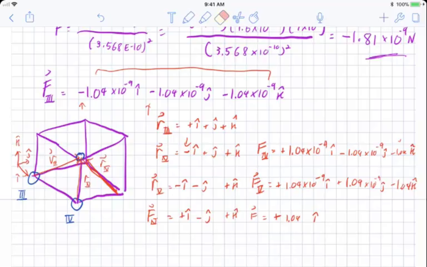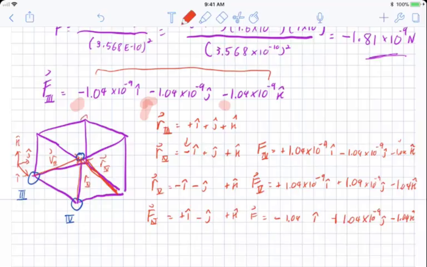It's going to have the same signs, hold on. Same sign as this one, same sign as this one. It's going to flip that sign. Minus, plus, minus 1.04 times 10 to the minus 9 J hat, minus 1.04 K hat.